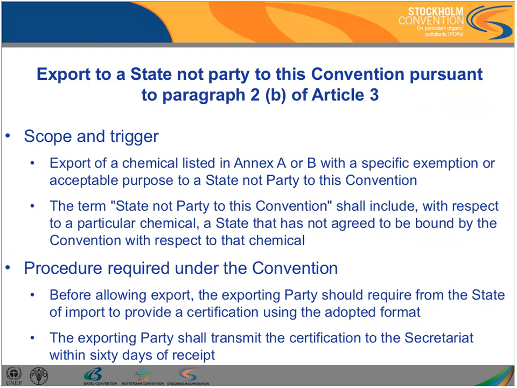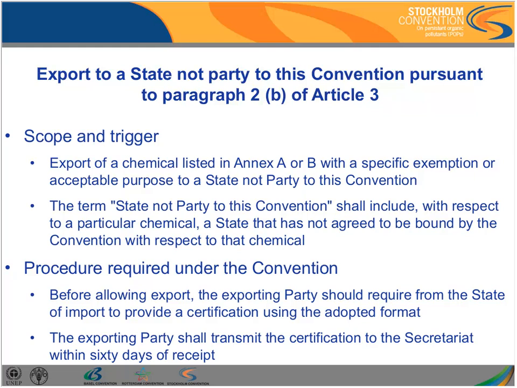That means that country is a party to the Stockholm Convention, but not yet bound by the particular chemical that was listed afterwards by the Conference of the Parties, for example the decisions taken at COP4, COP5, COP6, and COP7.